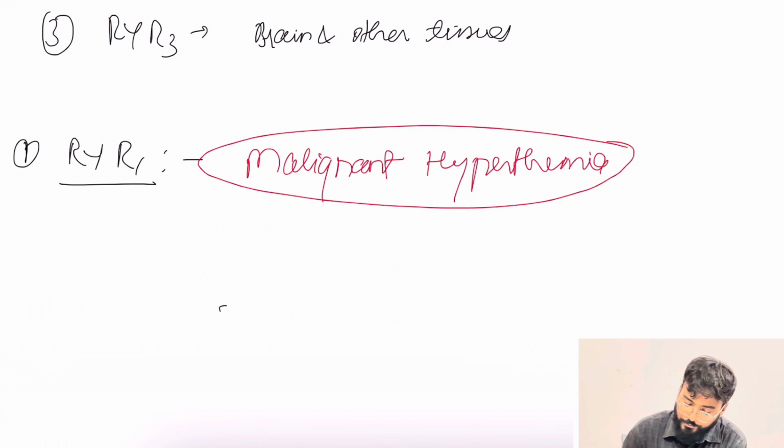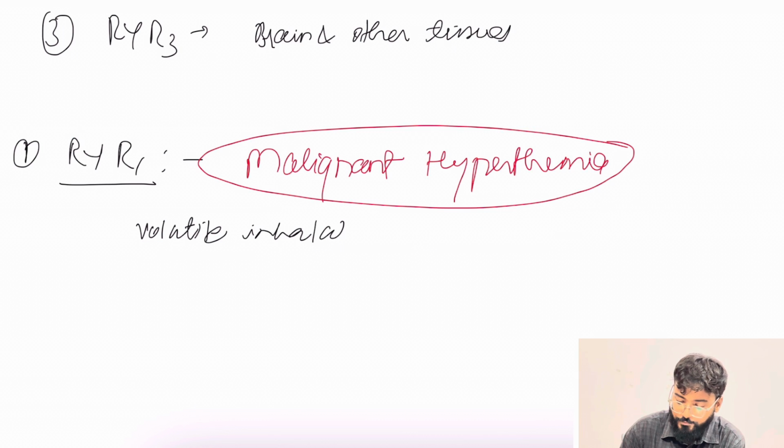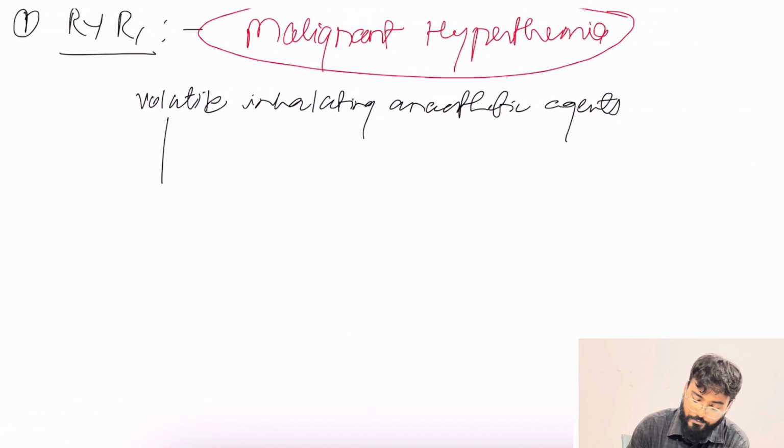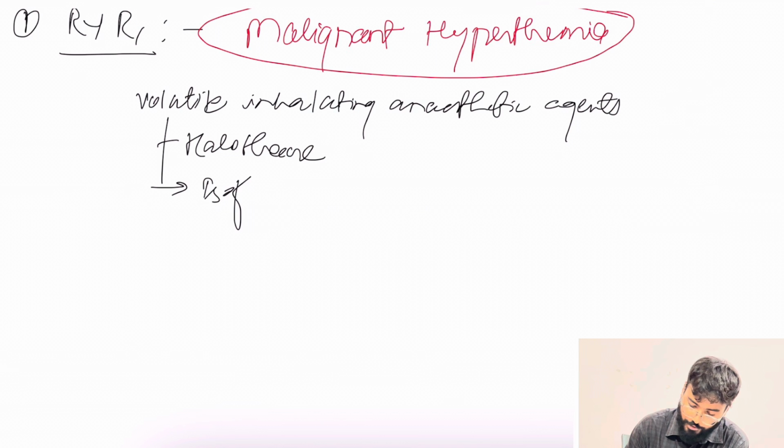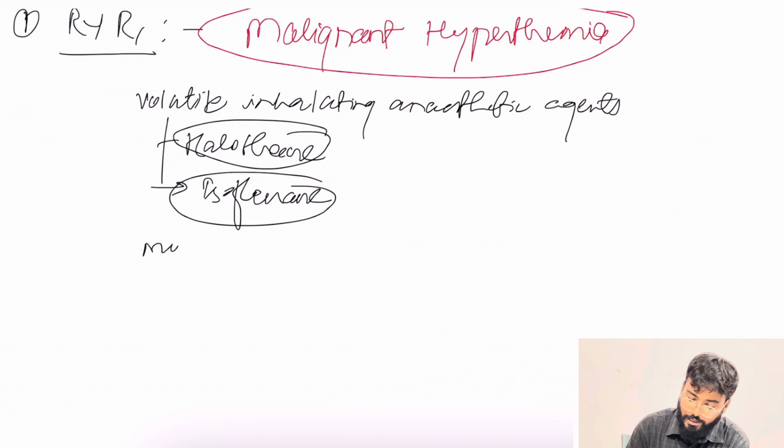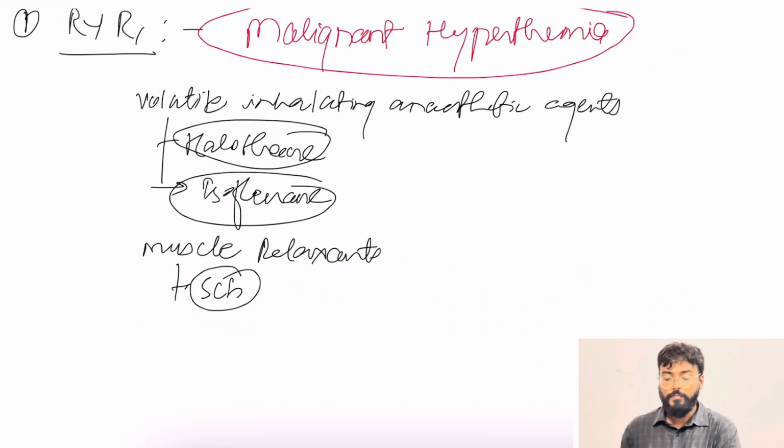The agents are volatile inhalational anesthetic agents, such as your halothane and your isoflurane, and your muscle relaxant like succinylcholine.